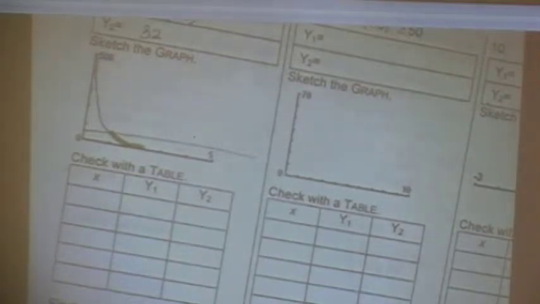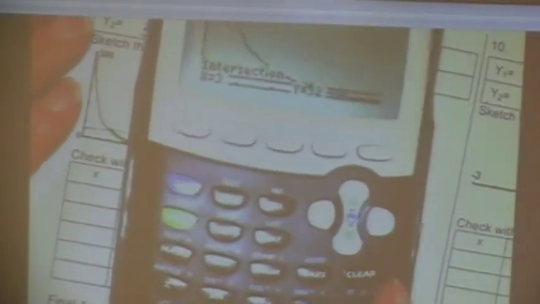I got x equals 3. Remember, it's x values that they're looking for.